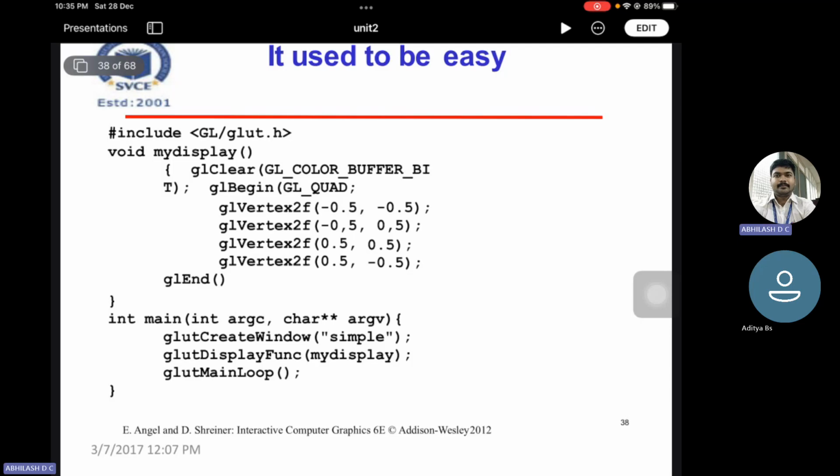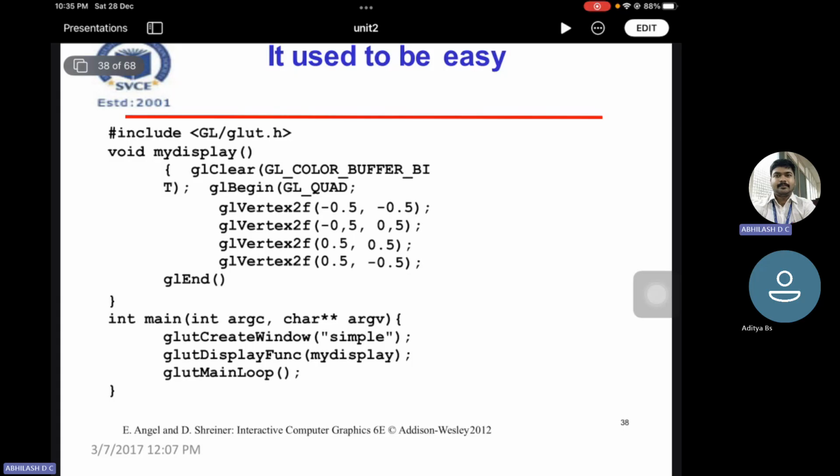Then it is pushed to minus 0.5 to plus 0.5. That is our first quadrant. Next comes towards 0.5, 0.5. That is the second quadrant. Then GL vertex 2F, 0.5 and minus 0.5 will be the fourth quadrant, right? And once you are done with drawing with these points, you have to specify that, yes, I am done with drawing the quad. That's when the GL end will come into picture.